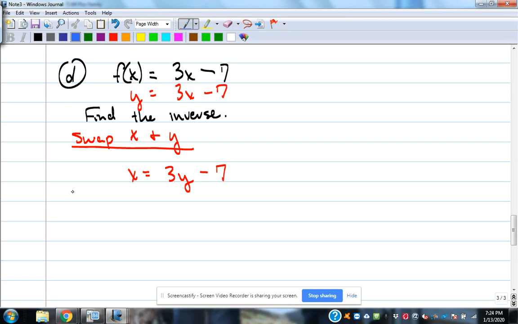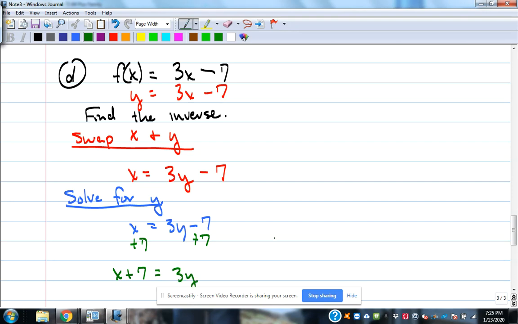The next thing that I'm going to do is take that new equation and solve for y. So I've got x equals 3y minus 7. To get y by itself, I would add 7. So that'd be x plus 7 is equal to 3y.